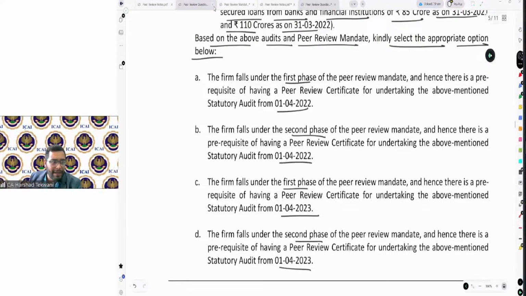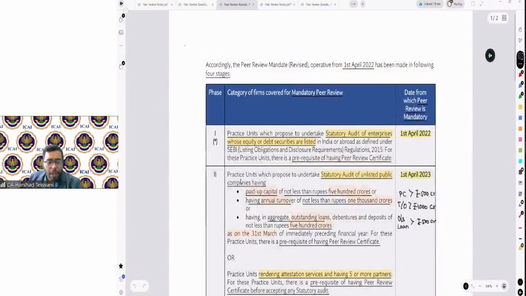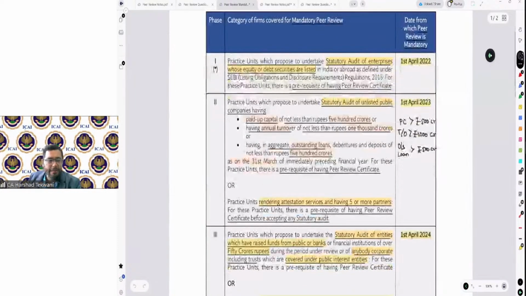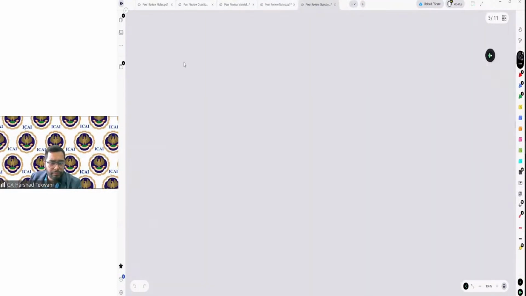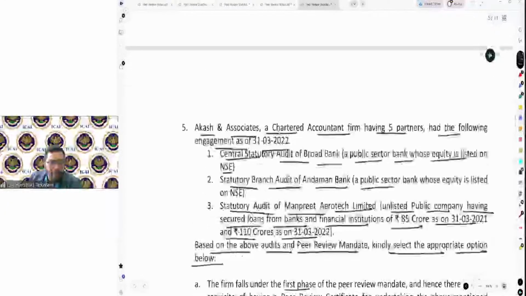Okay, let's see the peer review mandate. Now, with respect to the peer review mandate, if a practicing unit is proposing to undertake statutory audit of an enterprise whose equity or debt securities are listed, then for them there is a prerequisite of having a peer review certificate as on 1st April 2022. Now in our case, they are undertaking the central statutory audit of Broadband.